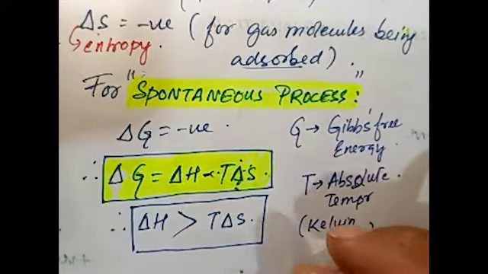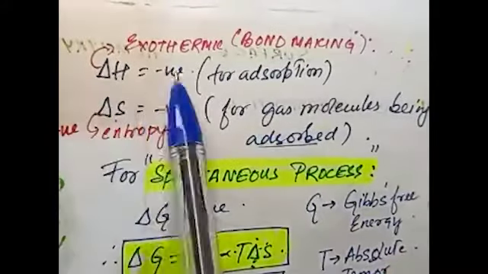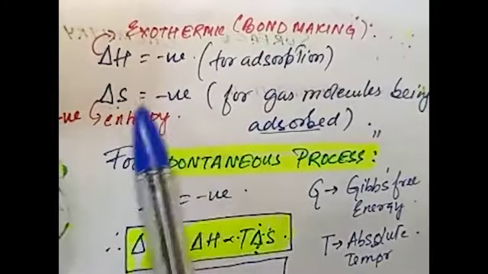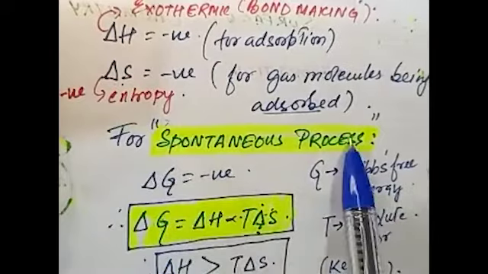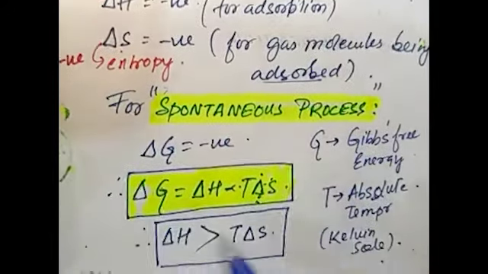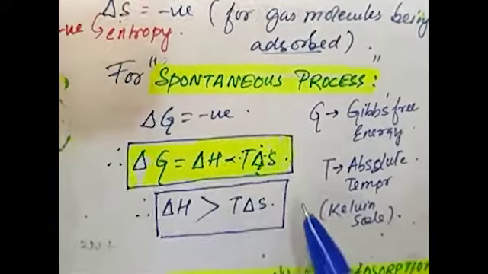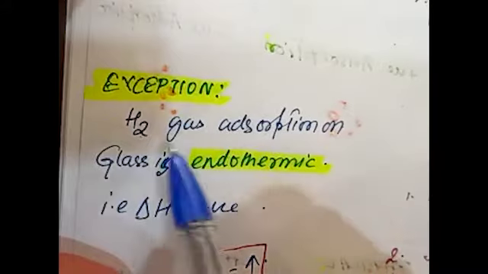ठीक है. एक exception है. There is one exception. So again, I'm repeating, ΔH is negative, ΔS is negative because वो चिपक जाता है आके. So ΔG should also be negative for a spontaneous process. मतलब जो natural processes होते हैं, all are spontaneous in nature. So ΔH should be greater than TΔS. ठीक है. There is one exception, that is of hydrogen gas adsorption on glass.